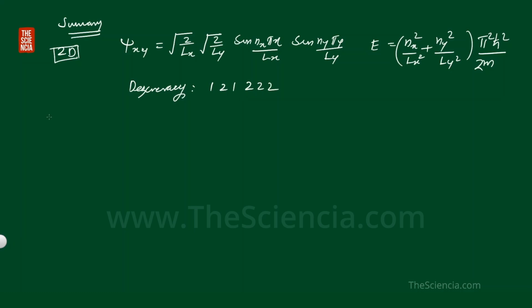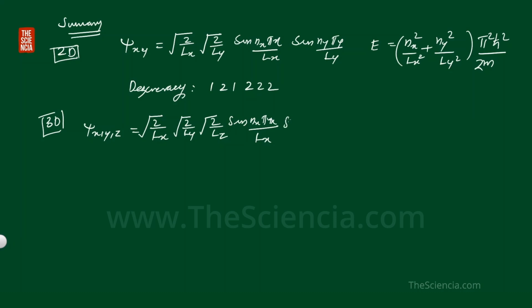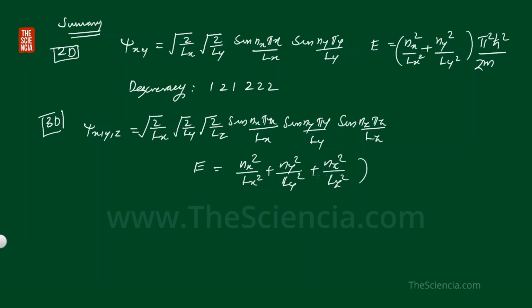And for the 3D box, the wave function psi(x,y,z) is equal to root 2 by Lx, root 2 by Ly, root 2 by Lz, sine(nx pi x by Lx) into sine(ny pi y by Ly) and sine(nz pi z by Lz), and the energy is equal to (nx square by Lx square plus ny square by Ly square plus nz square by Lz square) into pi square h bar square by 2m.